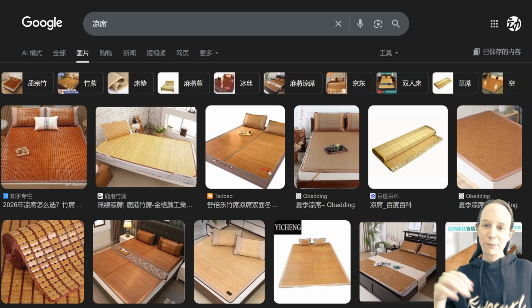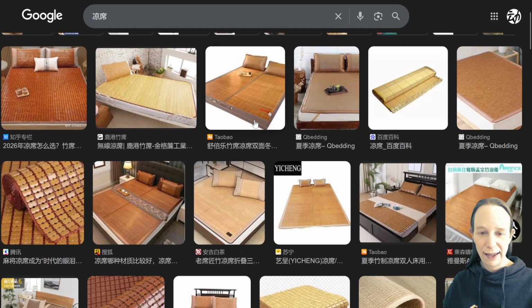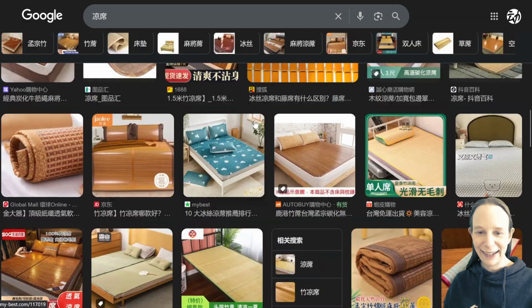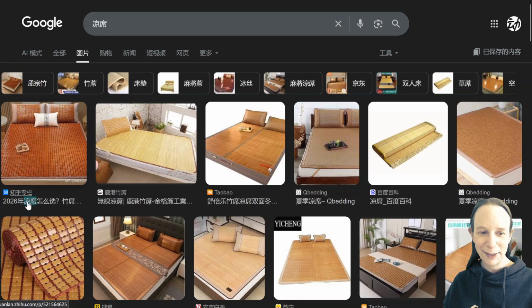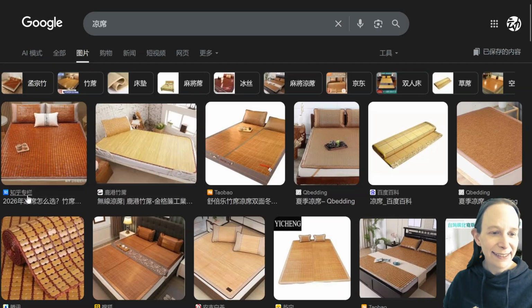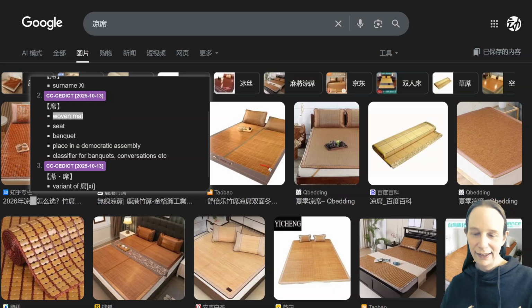In China, you can put this kind of bamboo mat on your bed, and because there are gaps between the little bits of bamboo, it's a bit cooler in summer. It's a little hard, but you know. So it's cooler, hence it's called 凉席. What does the 席 mean here? Oh, okay, so mat. Maybe the other meanings derive from this or something. I don't know.